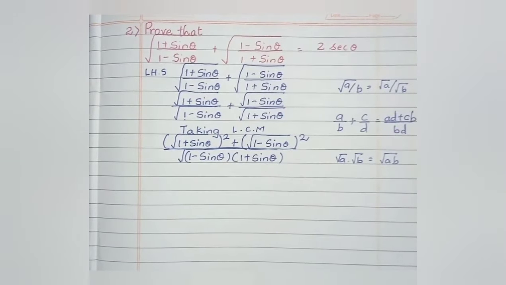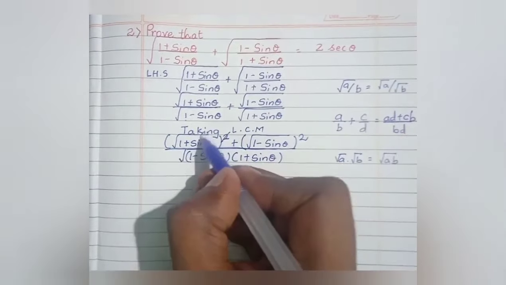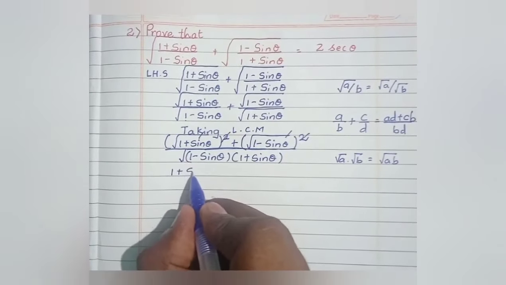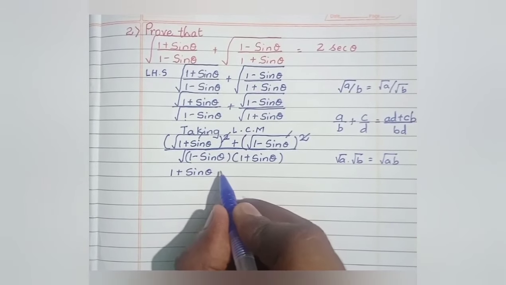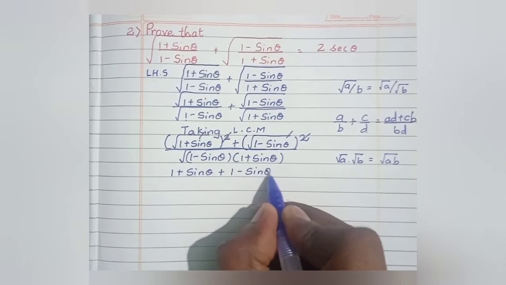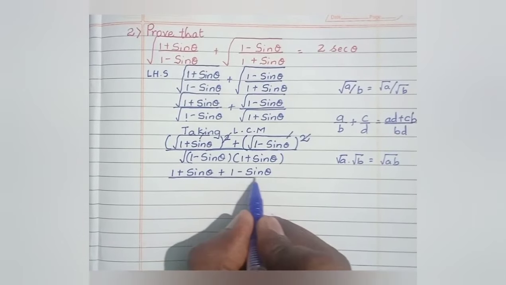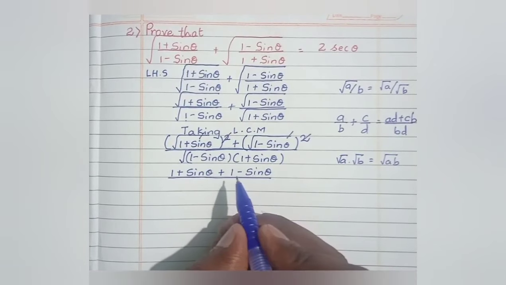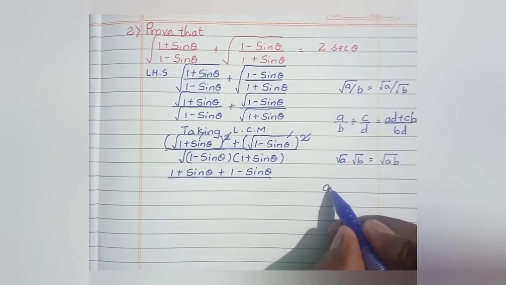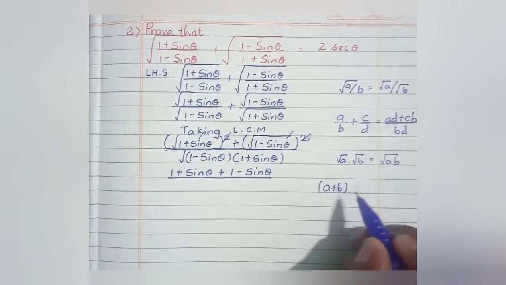Now square and square root will cancel out. In the same way, the remaining terms are 1 plus sin theta plus 1 minus sin theta whole divided by, now if you observe, it is of the form A plus B, A minus B, which can be written as A square minus B square.